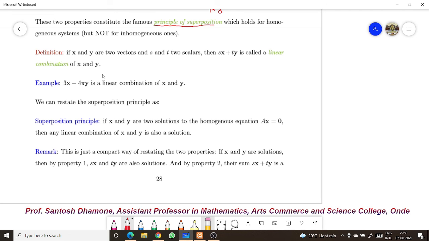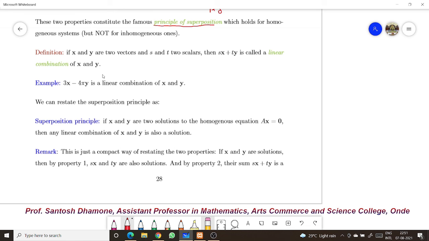That means x plus y, x minus y, 3x plus 2y, or any combination sx plus ty, is also a solution of the given homogeneous system of equations Ax = 0.